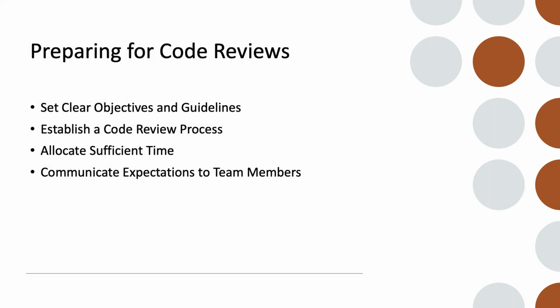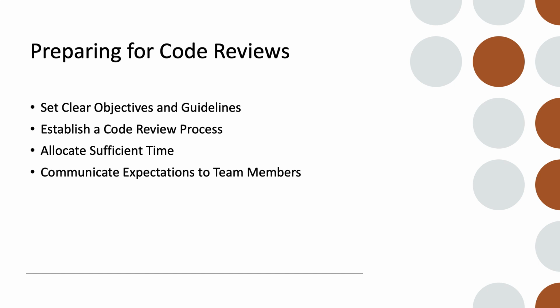Effective code reviews begin with proper preparation and planning. It is essential for teams to establish clear objectives and guidelines for the code review process, as well as outlining what aspects of the code will be evaluated and what criteria will be used to assess its quality.